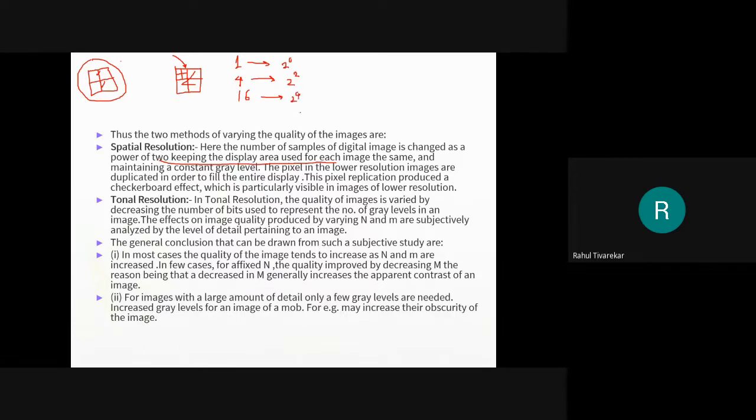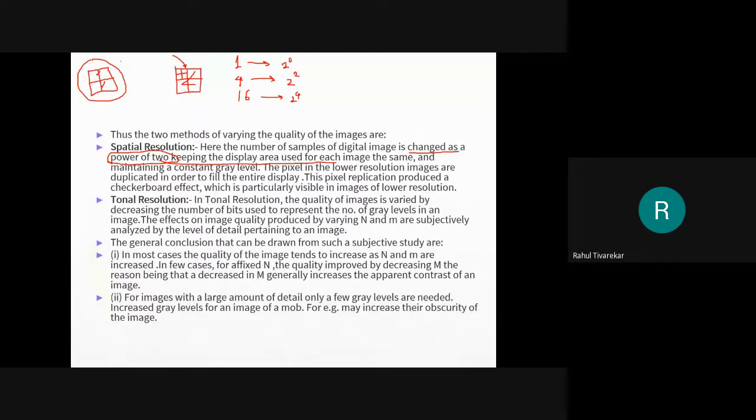And further, you can go ahead and you can see that we are always changing the number of pixels as a power of 2. We are changing the number of pixels as a power of 2, because we cannot randomly increase the number of pixels, because that will introduce irregularity in the shape, which is not at all accepted.